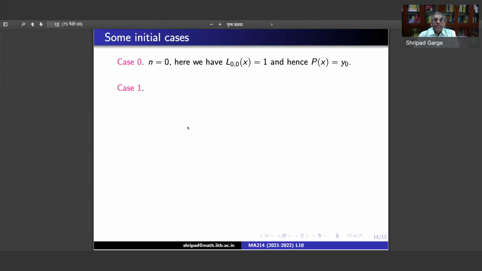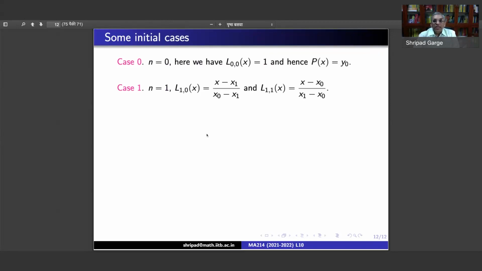Case 1 is where n is 1, and so we will have x0 and x1. And then we know that the Lagrange polynomials L1 naught and L1 1 are given as follows.